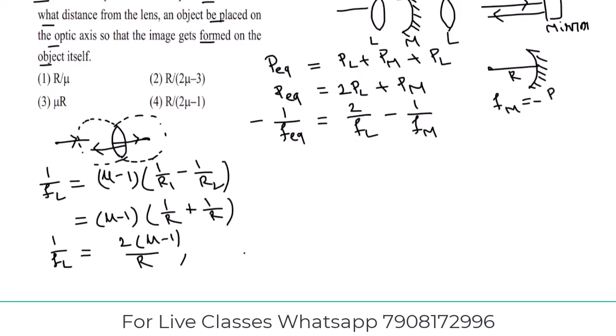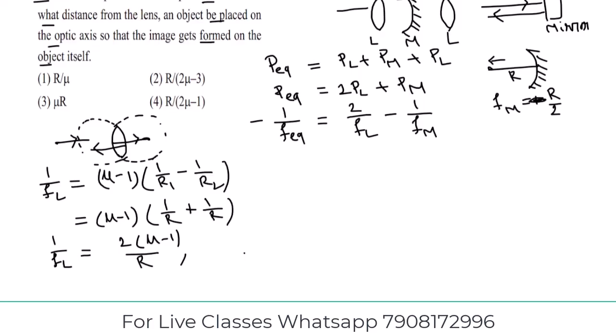The relation between focal length and radius of curvature is f equal to r by 2, and as the radius of curvature is in this direction, we have to take a negative sign, so fm also becomes negative, that is minus r by 2.